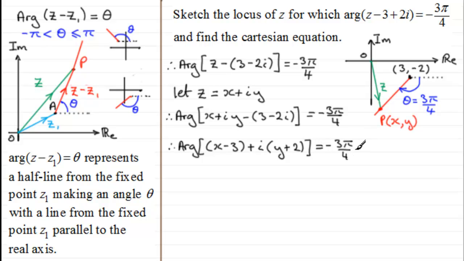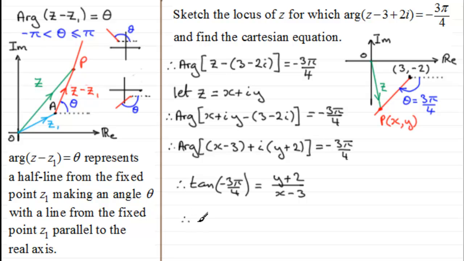Now all we need to do is say that the tangent of −3π/4 radians would equal the imaginary part, y + 2, divided by the real part, x − 3. Now the tangent of −3π/4 radians is 1.